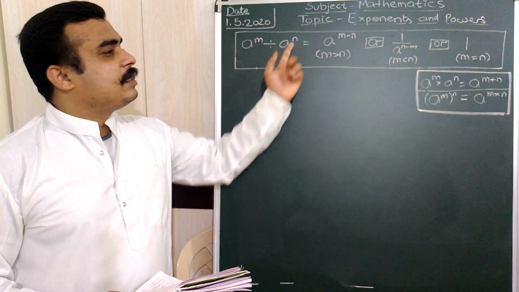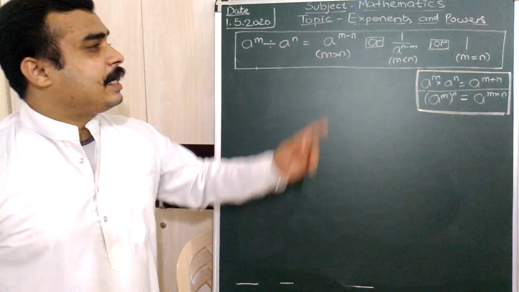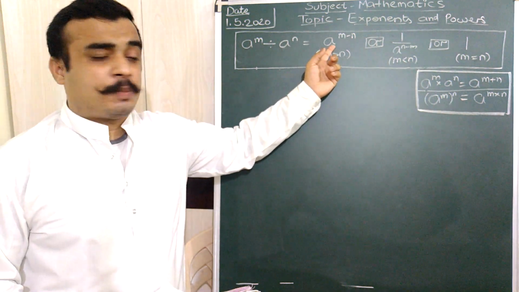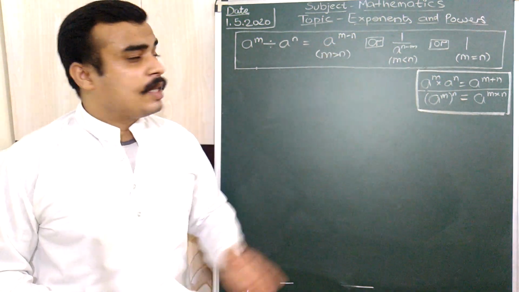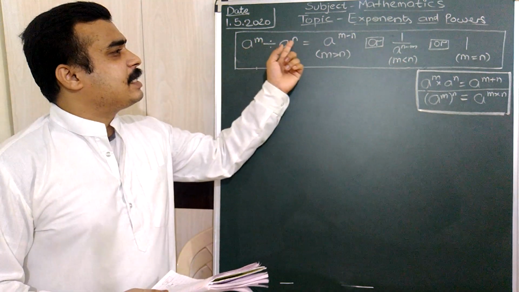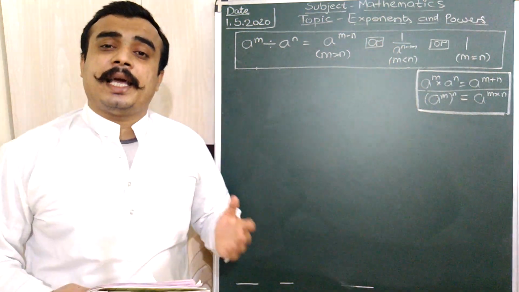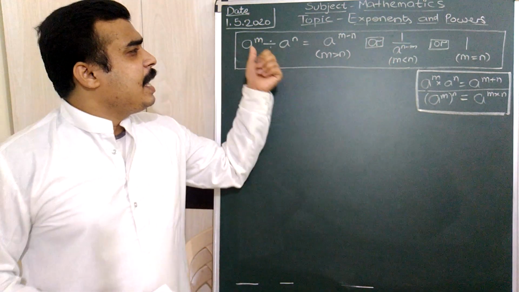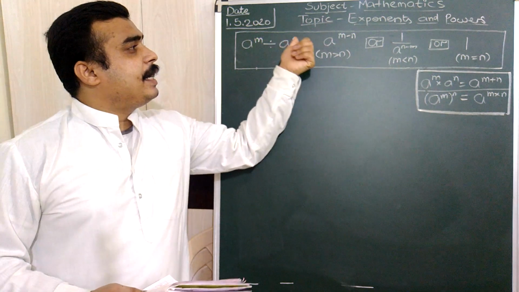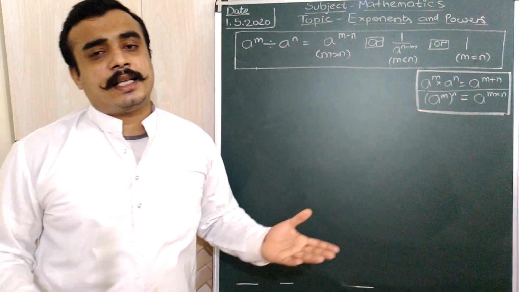If m is greater than n, that time we can use a raised to the power m minus n. But if m is less than n, then we can use 1 upon a raised to the power n minus m. And if m and n both are equal, then we have to write the answer as 1.